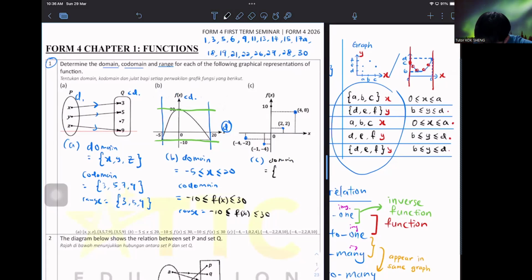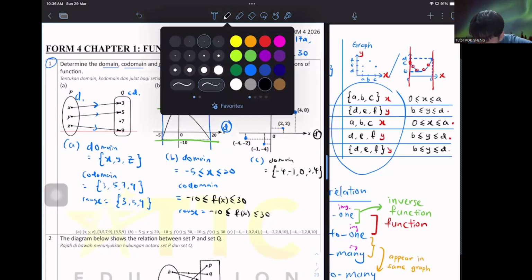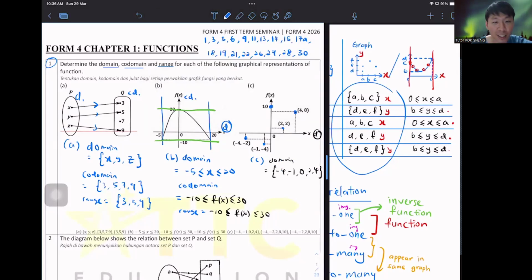So domain is X, right? -4, -1. Hey, there's one more, sorry. There's one more hidden there. 0, 2, 4. There's actually one more dot here. A bit hard to notice that. Okay, so there's 5 dots there.